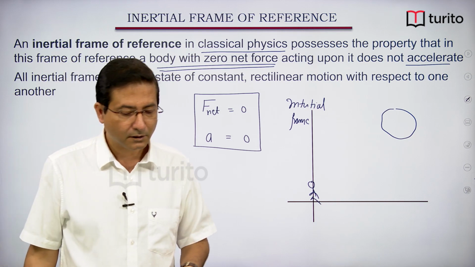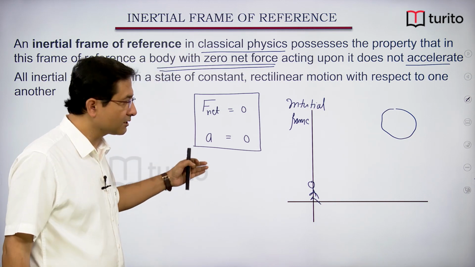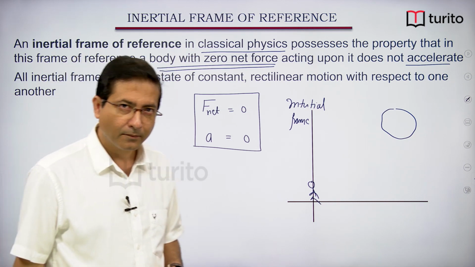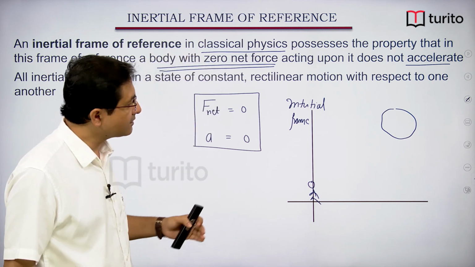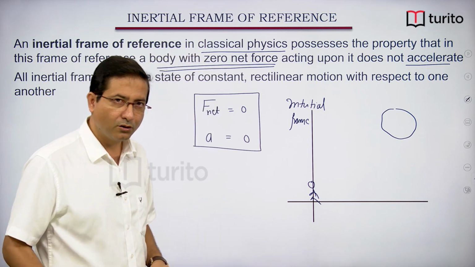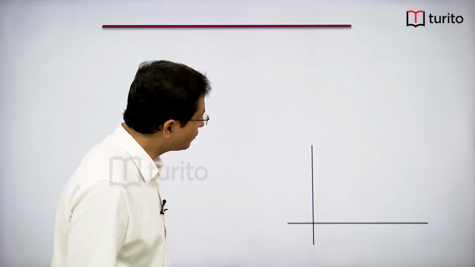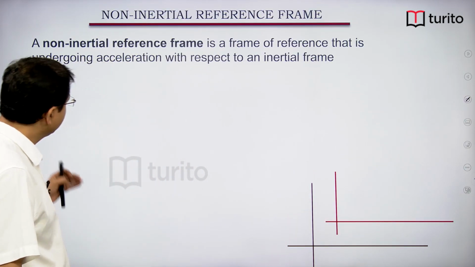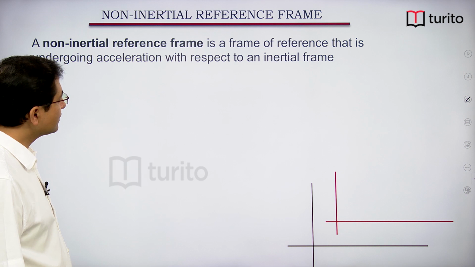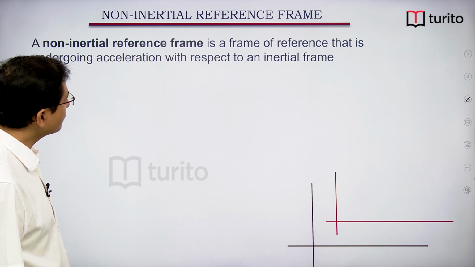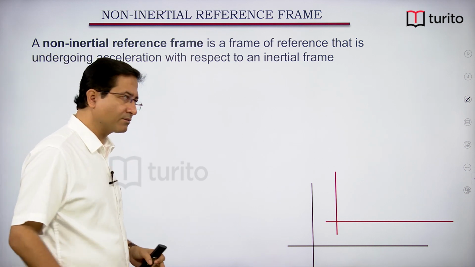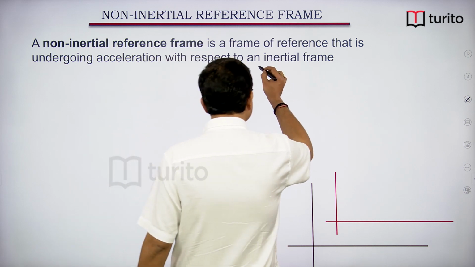If this condition is not satisfied, then the frame we are standing on must be non-inertial, right. So a non-inertial frame of reference is a reference frame that undergoes acceleration with respect to an inertial frame.